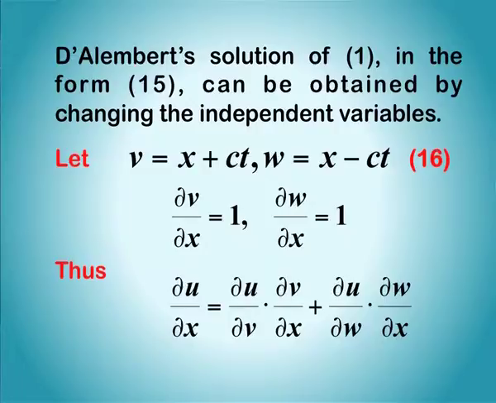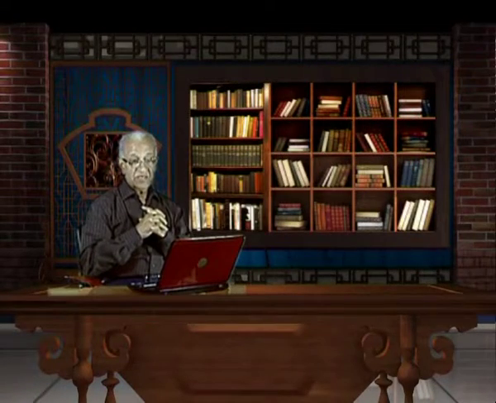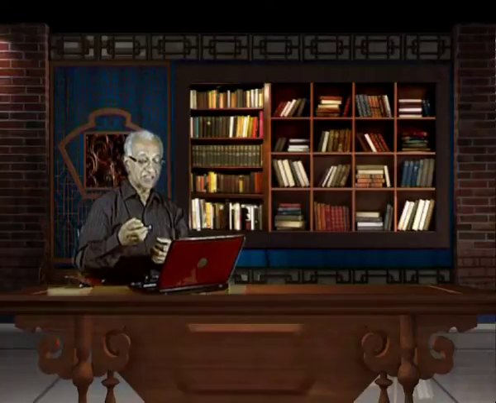Then dw dx is also 1 because ct is a constant, so it converts to 0. And therefore, this relation is obtained, a very well known relation. Do you recognize it?